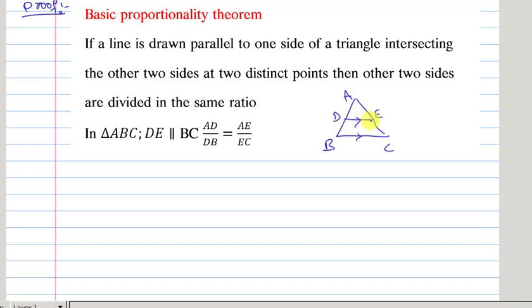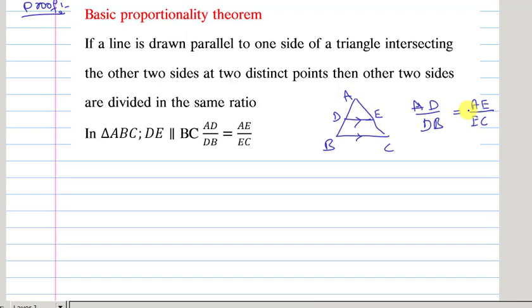Here DE divides AB in the ratio of AD by DB, and DE divides AC in the ratio of AE by EC. So as per the basic proportionality theorem, these two ratios are equal.